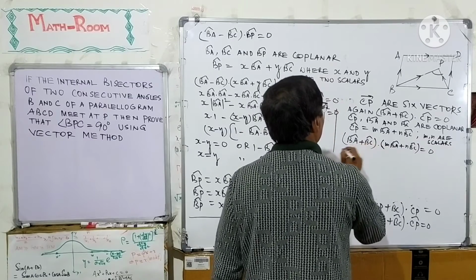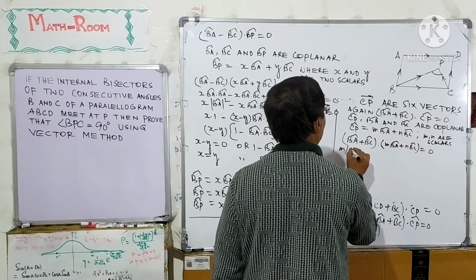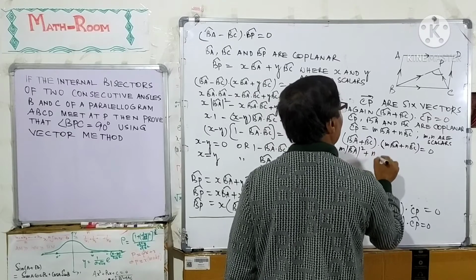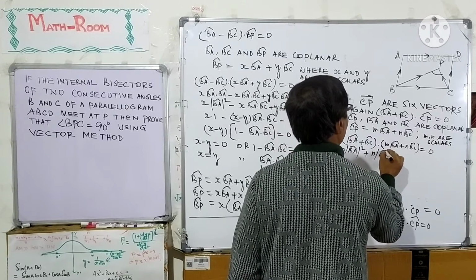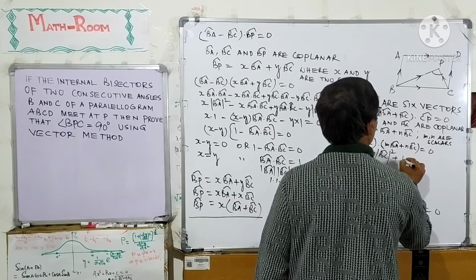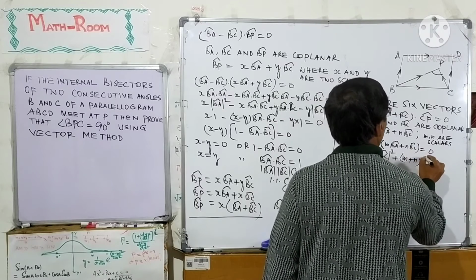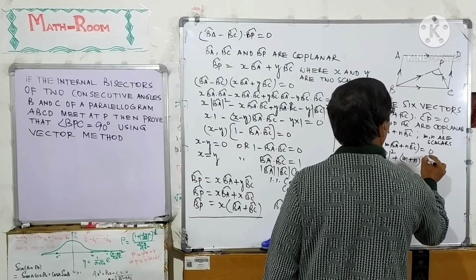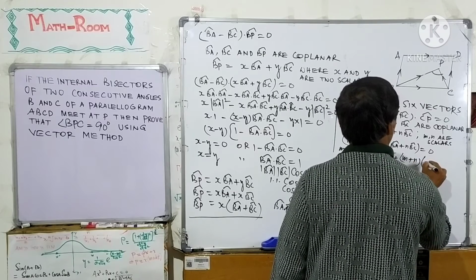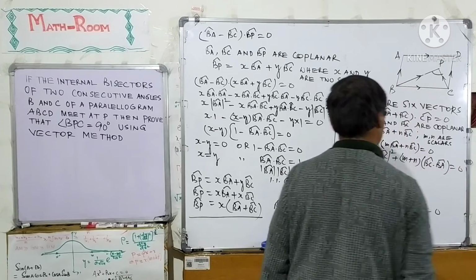So, this can also be written as M magnitude of BA cap squared plus N magnitude of BC cap squared plus (M plus N) into BC cap dot BA cap equal to 0.